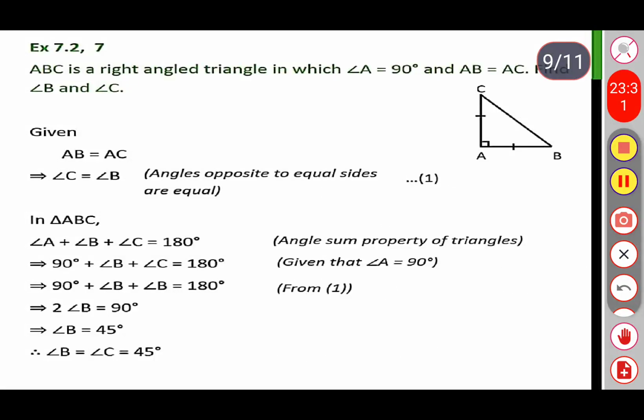ABC is a right angle triangle in which angle A is 90 degrees. AB is equal to AC.